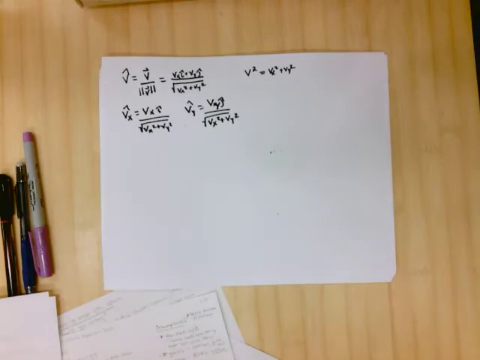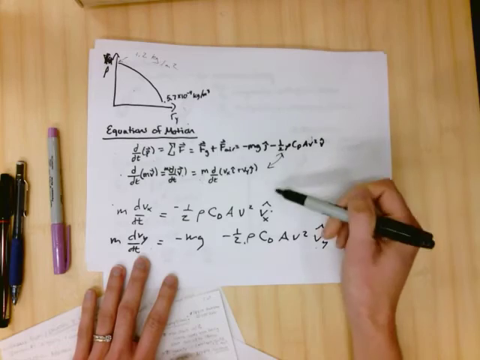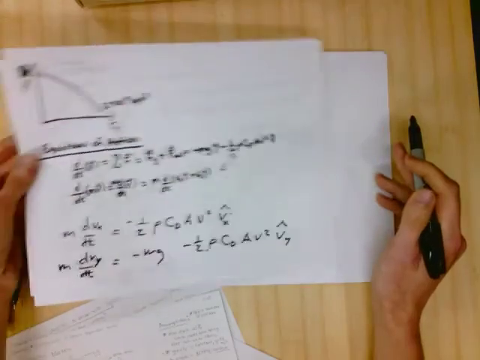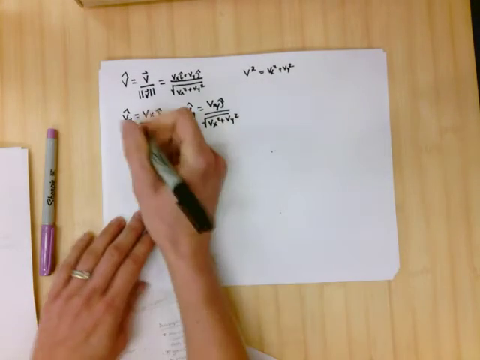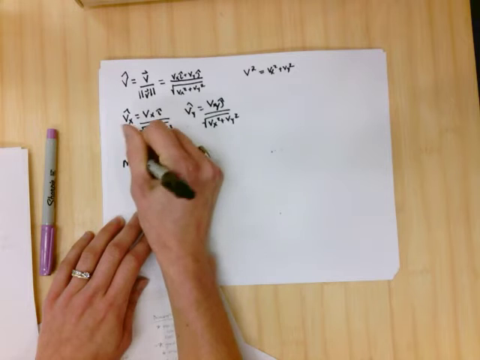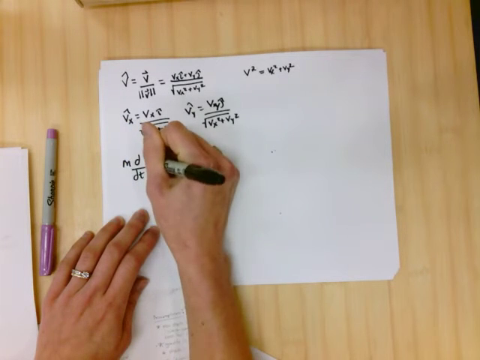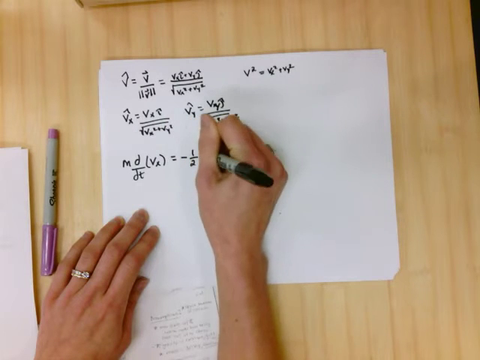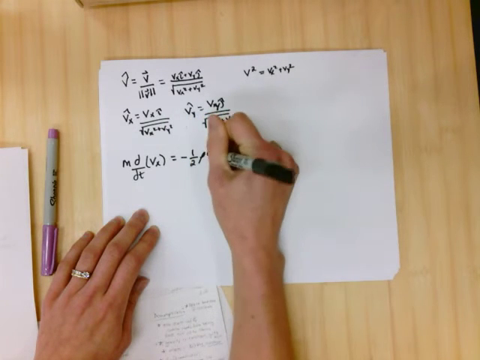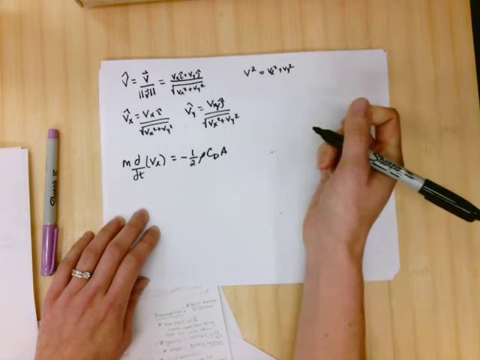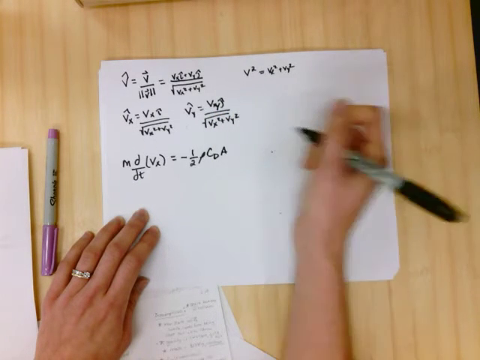So now we can go back to our equation here, and we're going to change this to what we just defined. Let's write those out one more time so we have it all on one page. We end up with the mass times the time derivative of Vx equal to only the air resistance component: our density times our coefficient of drag, our cross-sectional area, and now let's write out that v squared explicitly in terms of vx and vy.